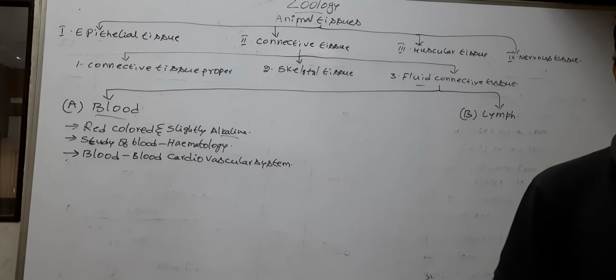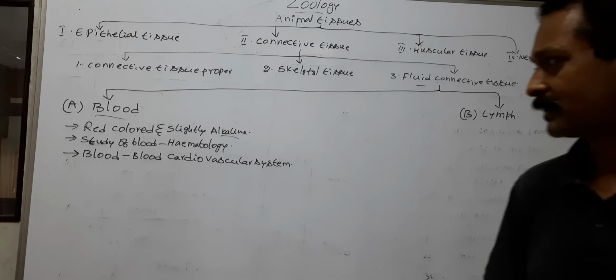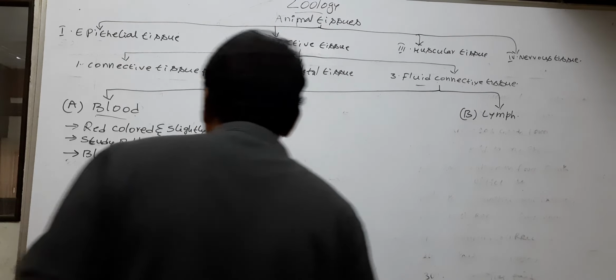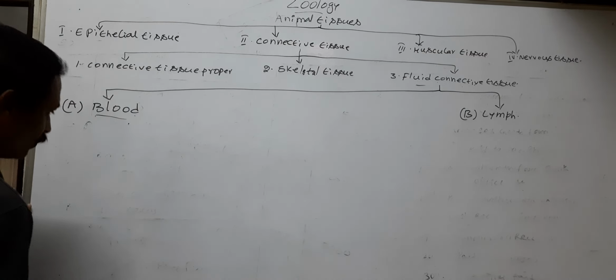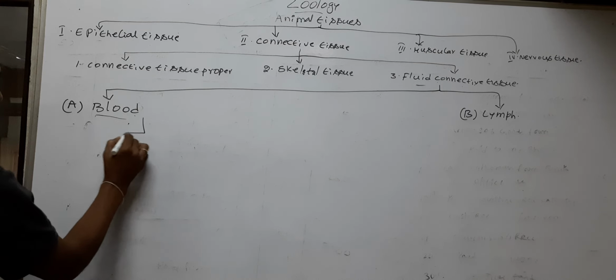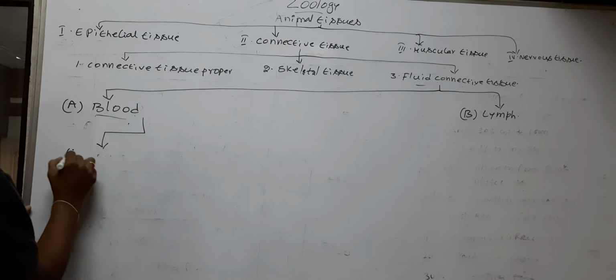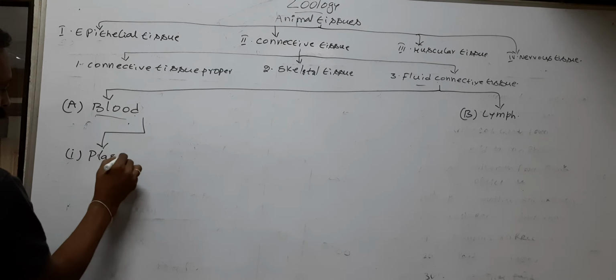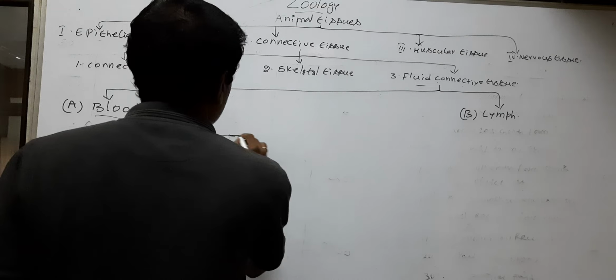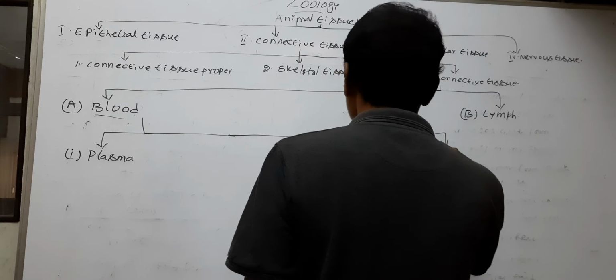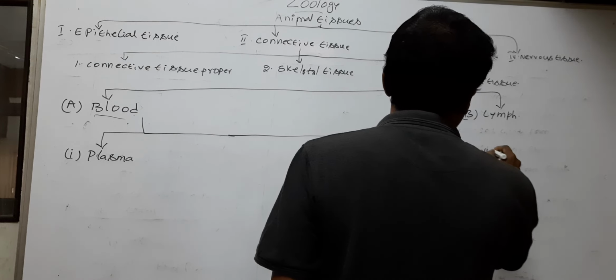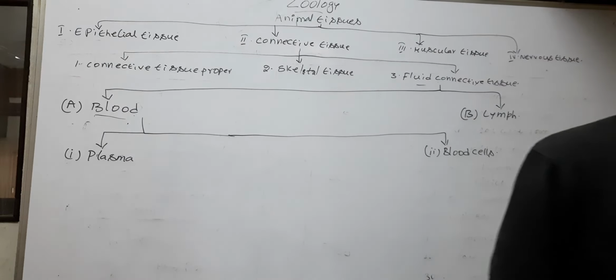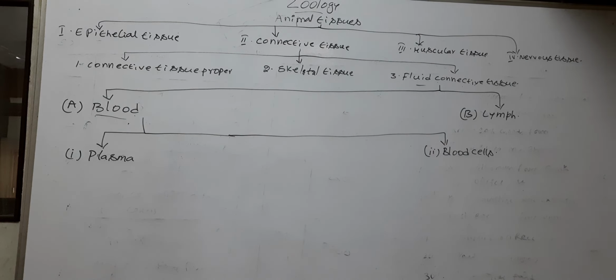Blood is composed of plasma and blood cells. So blood in animals divides into two parts, plasma and blood cells.